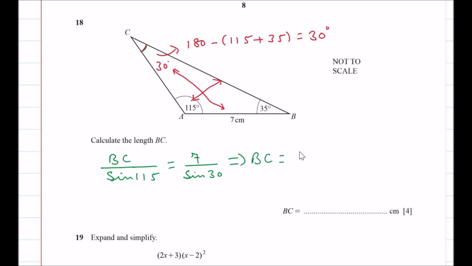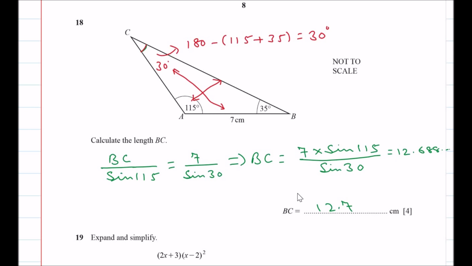So BC equal to 7 into sine 115 divided by sine 30. We put it in the calculator as it is, and the calculator gives us 12.688 and so on. So we will write in 3SF, that is 12.7 centimeter.